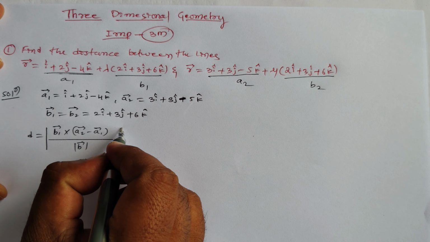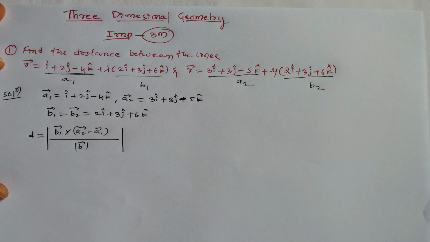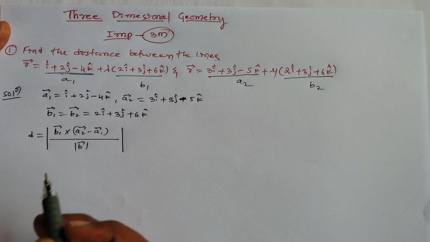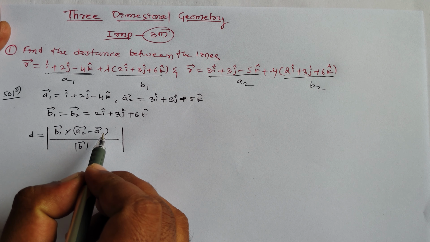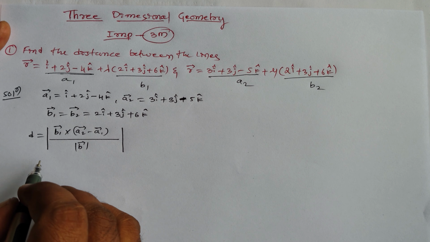First, find b1 cross a2 minus a1 vector. See, a2 vector minus a1 vector equals, what is a2 here? 3i plus 3j minus 5k minus i minus 2j plus 4k.